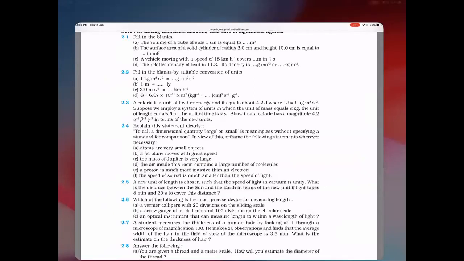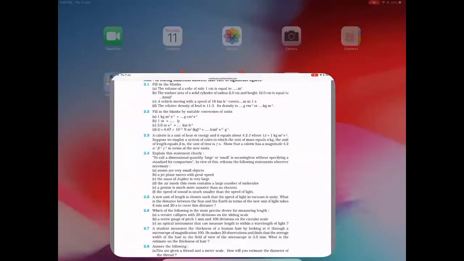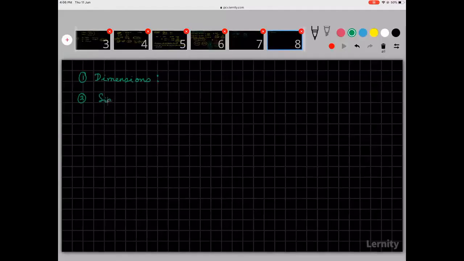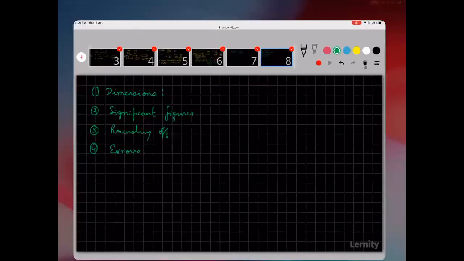After having discussed dimensions with you, I discussed significant figures. After discussing significant figures, I discussed rounding. After discussing rounding, I discussed errors. But I did not do much of the theory of errors.